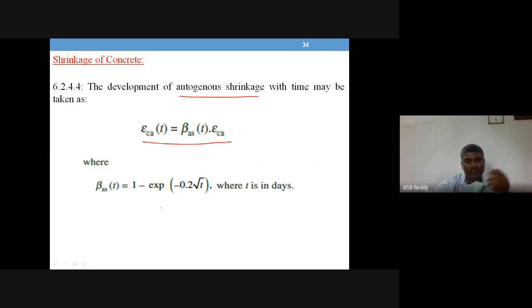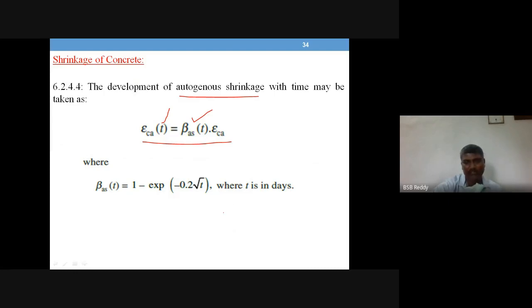Okay, where you have to estimate the epsilon ca value depending on time by epsilon ca multiplied by a factor called beta. So what is beta? 1 minus exponential of minus 0.2 root t, e power minus 0.2 root t. t is in number of days.